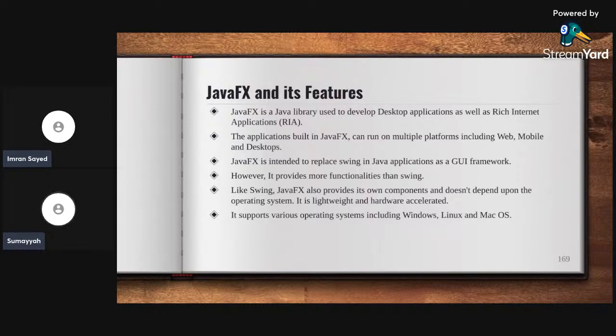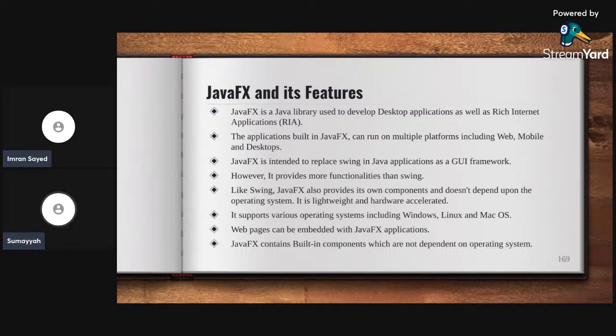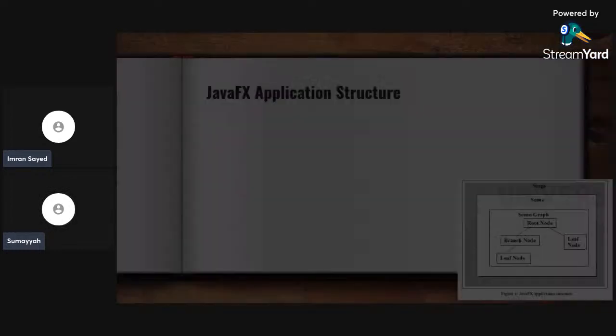It supports various operating systems, including Windows, Linux, and macOS. Web pages can be embedded with JavaFX applications. JavaFX contains built-in components which are not dependent on the operating system. JavaFX code can be embedded with CSS to improve the style of the application.